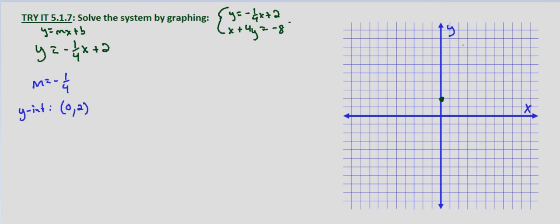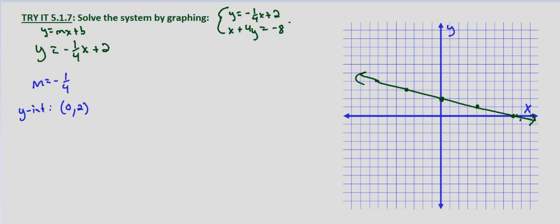That's because negative 1 over 4 and 1 over negative 4 are equivalent. So I'll go down 1 and right 4, down 1, our rise, over right 4, our run. And for good measure, I'll go up 1 and back 4. And here is the graph connecting those dots of our line, y equals negative 1/4 x plus 2.